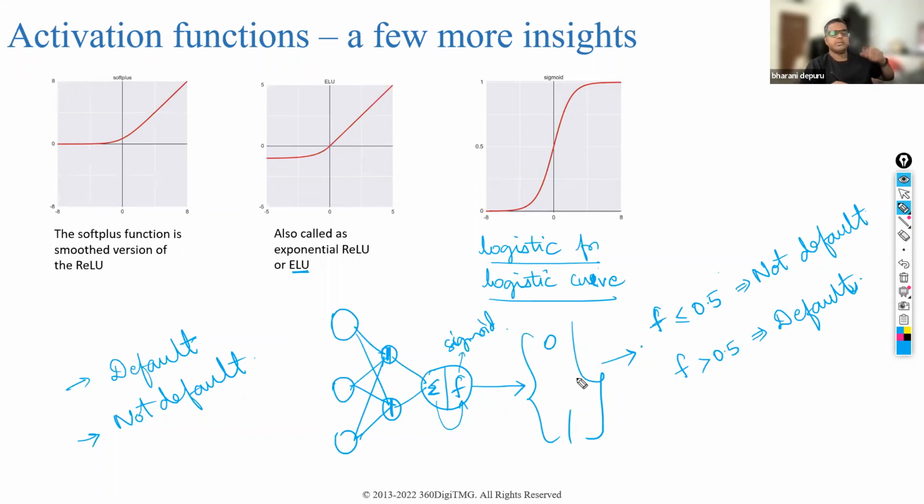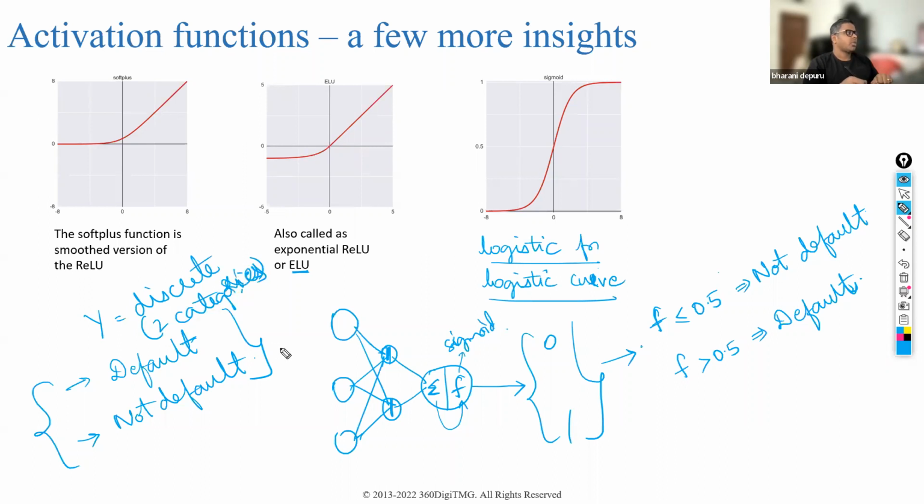And the values range between 0 to 1. Hence, when your output variable is discrete, and if it has two categories, then people usually use sigmoid activation function in the output layer.